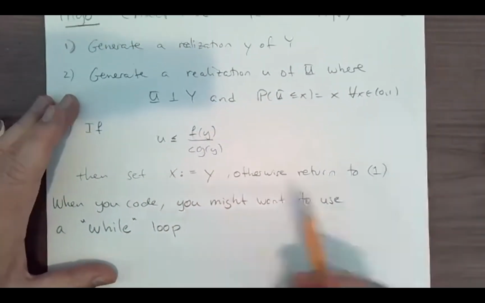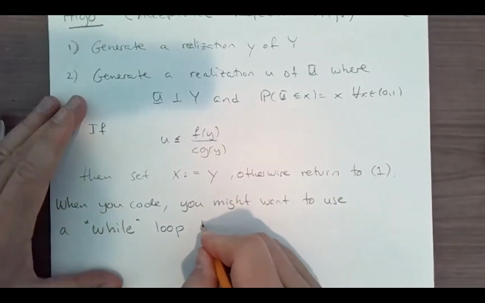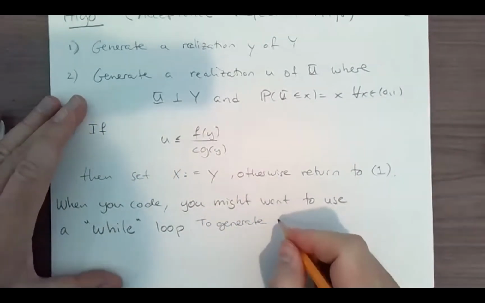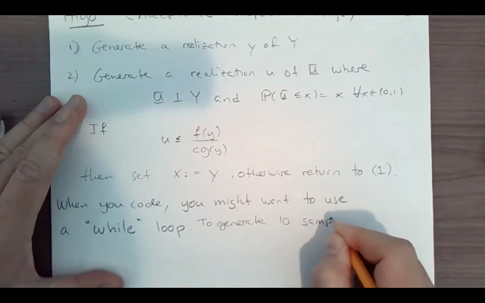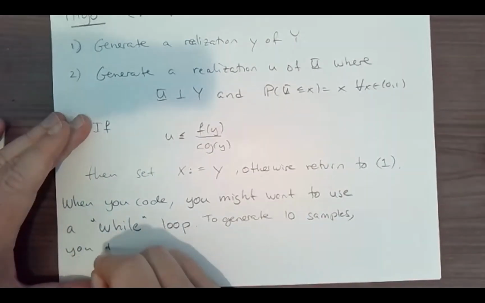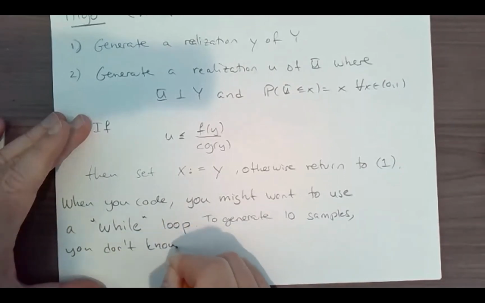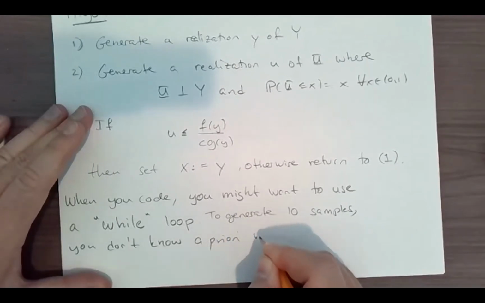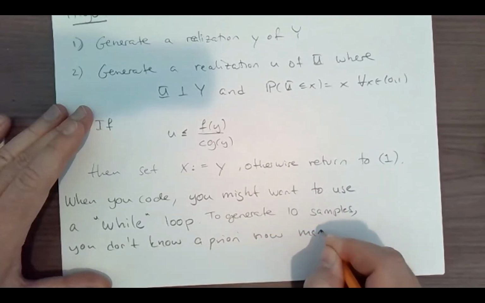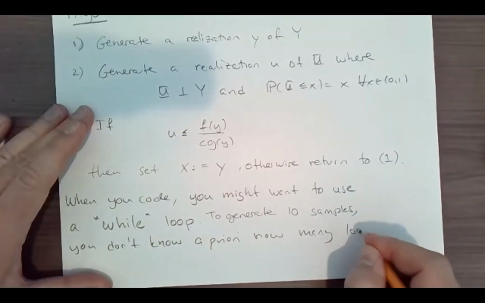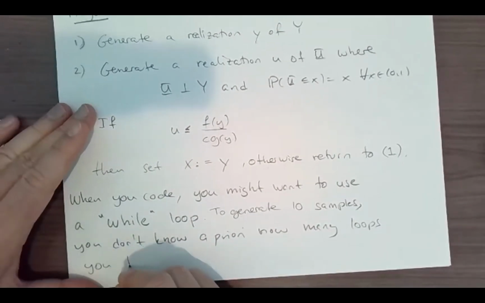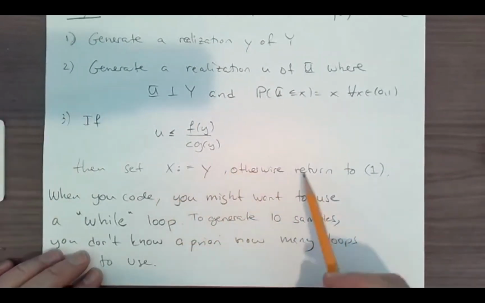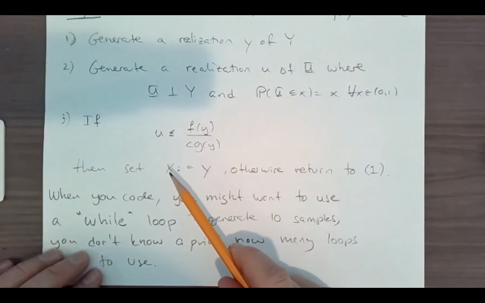Because you don't know, for example, if you have to generate, say, 10 samples, you don't know a priori how many loops you need to go to generate 10 of these x points.